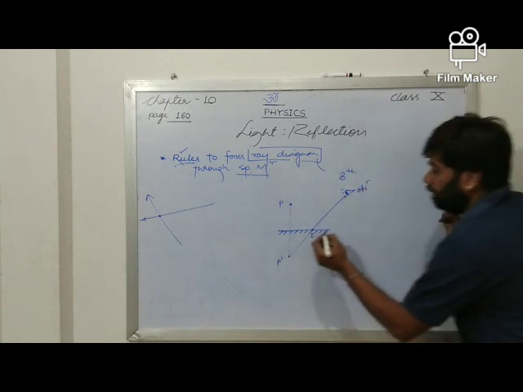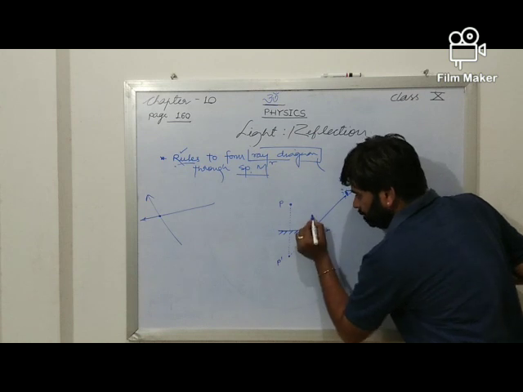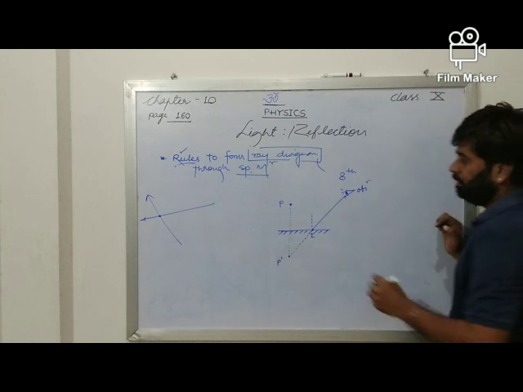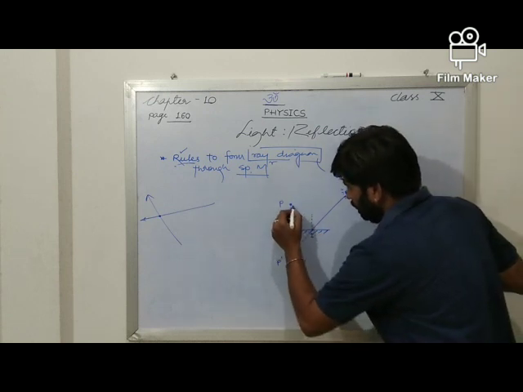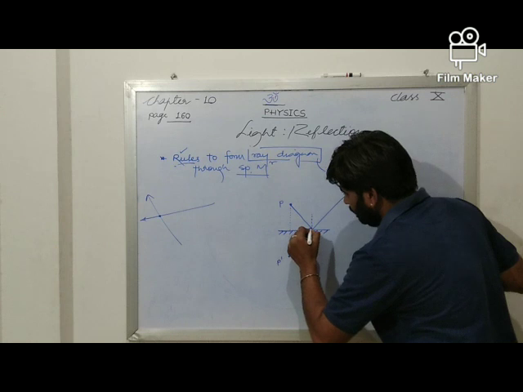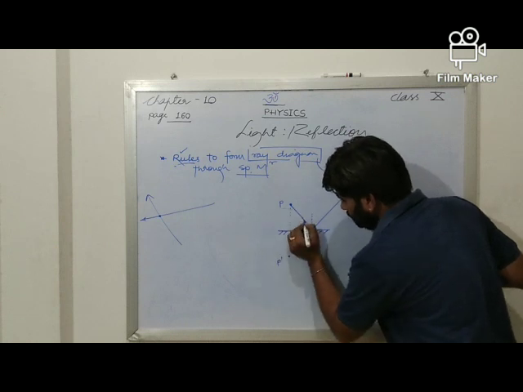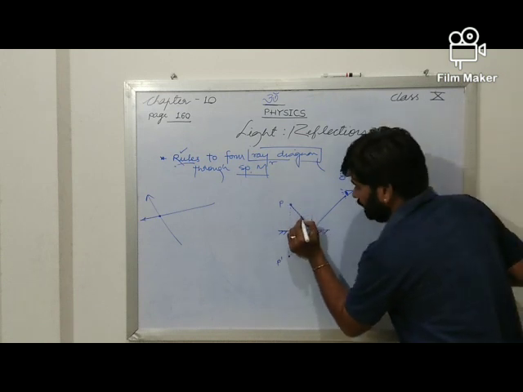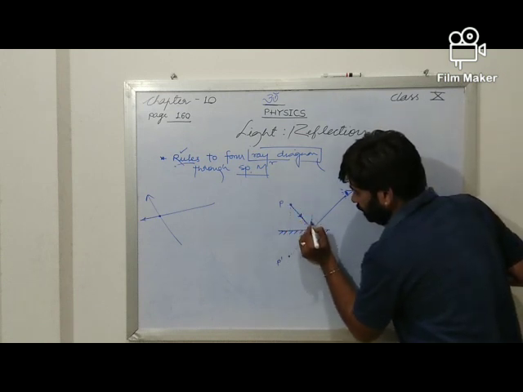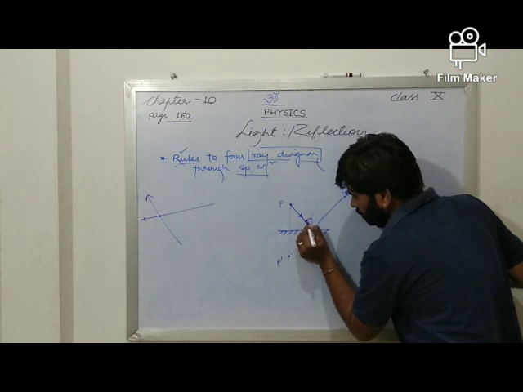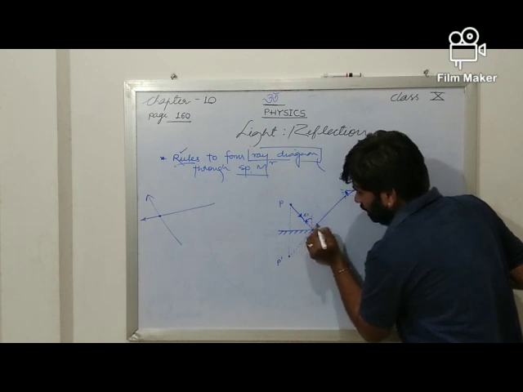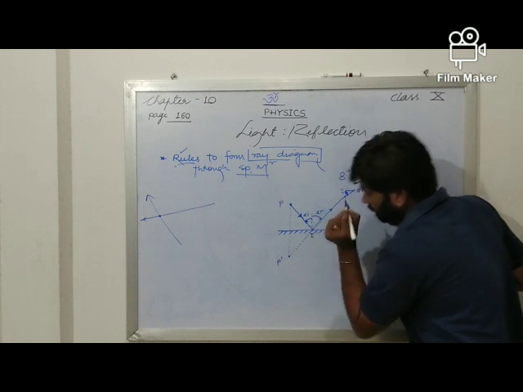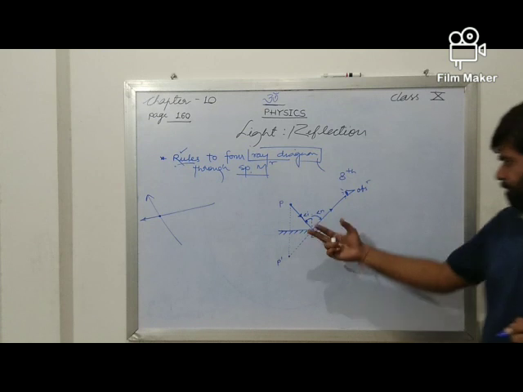Now what we had done at that time is we had made a normal there. Now connect this particular object and this point of incidence. We are seeing the object, so the ray will come from the object. Through the normal, we will have angle I, and then this ray will be reflected, so this will be angle R. Such type of image we have formed.